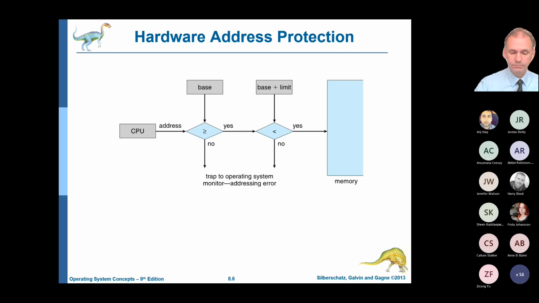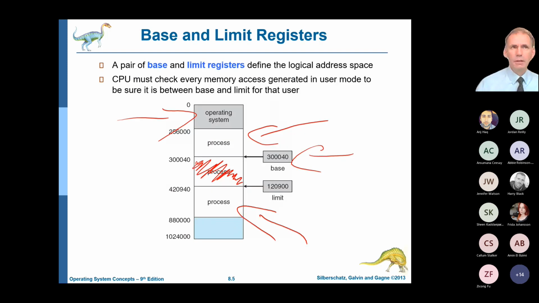So you've given the process a certain amount of memory to use, in this case 120900. Is it less than the base plus the limit? In other words, does it fit into this memory space here?